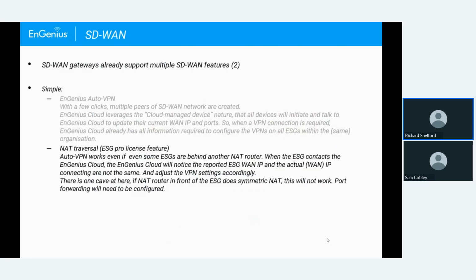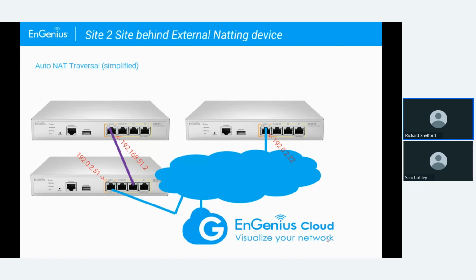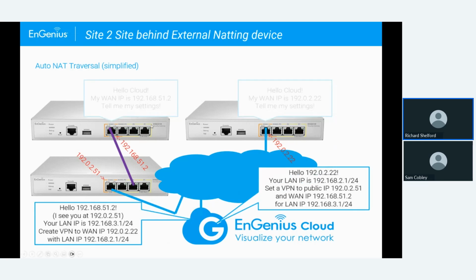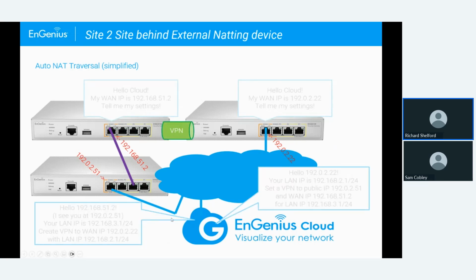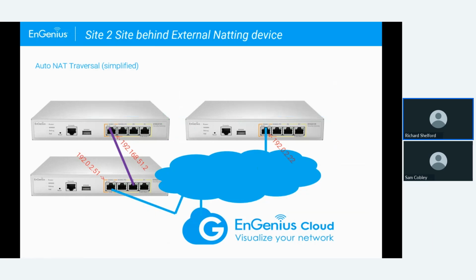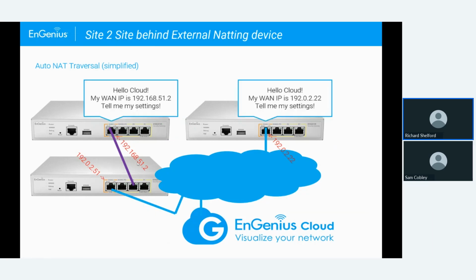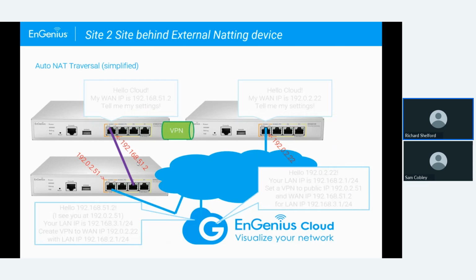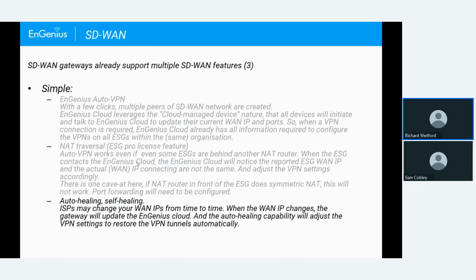NAT traversal, so behind that NATing device, we're showing here as another EnGenius device, but any brand of firewall that is NATing, we are detecting what its true IP is. Because we can communicate with the two devices, we can say, right, this is what your IP address is, switch across, connected to this, port forward it automatically through the environment on that side of it.